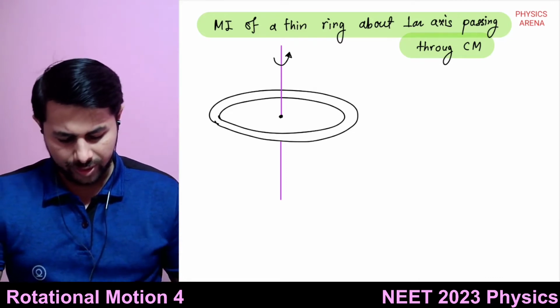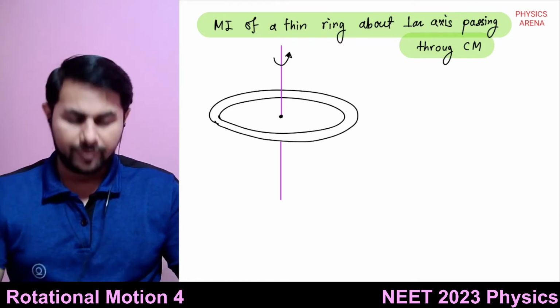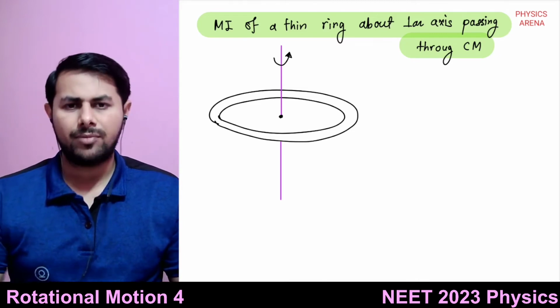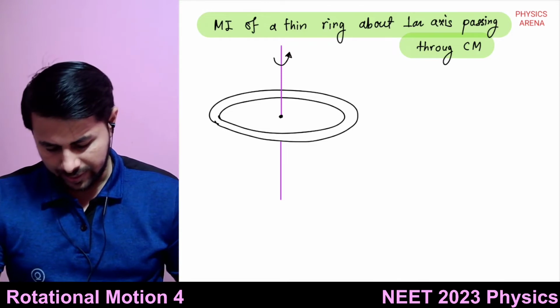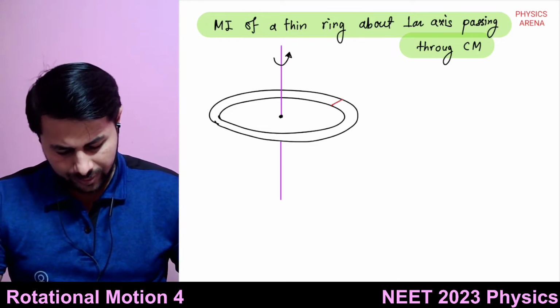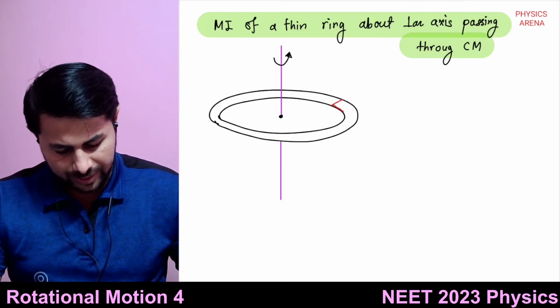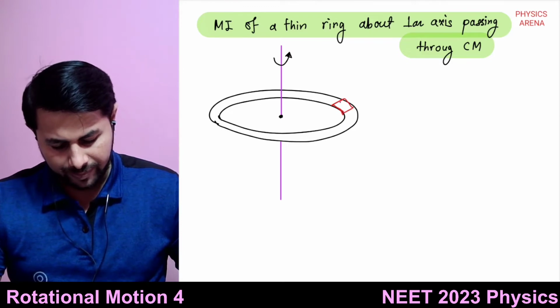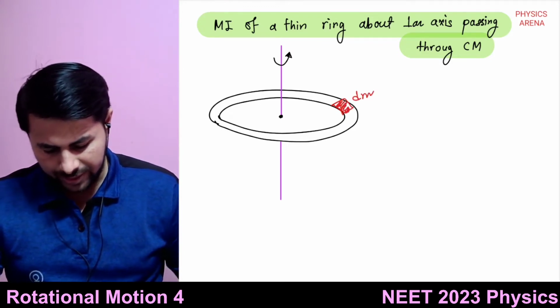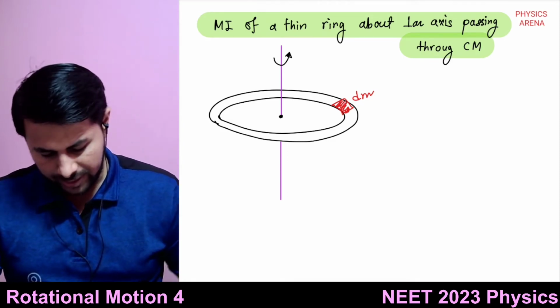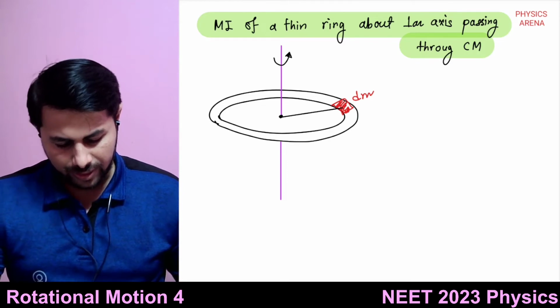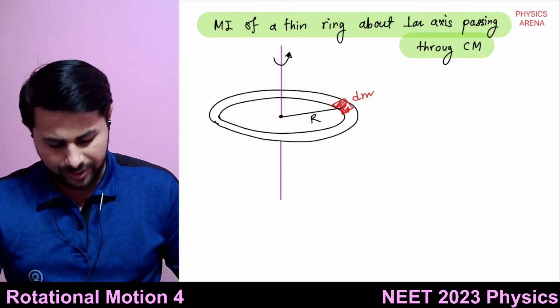Then what you can do is break this ring into n number of small chunks, n number of small pieces. Each piece has mass dm, and how much is the distance of this mass from the center of the ring? Its distance would be equal to the radius of the ring.